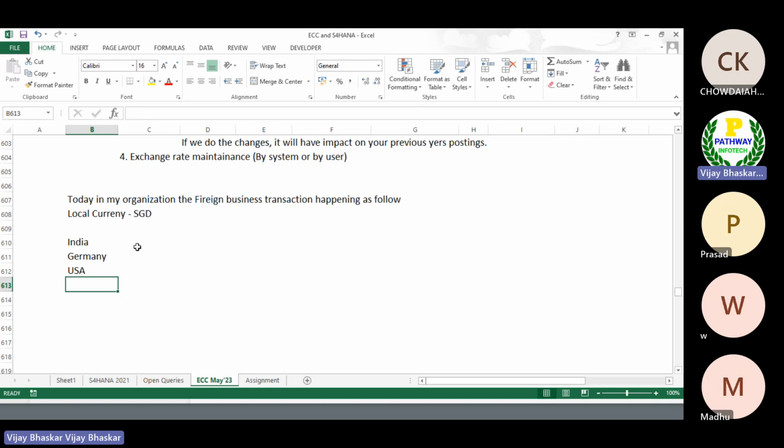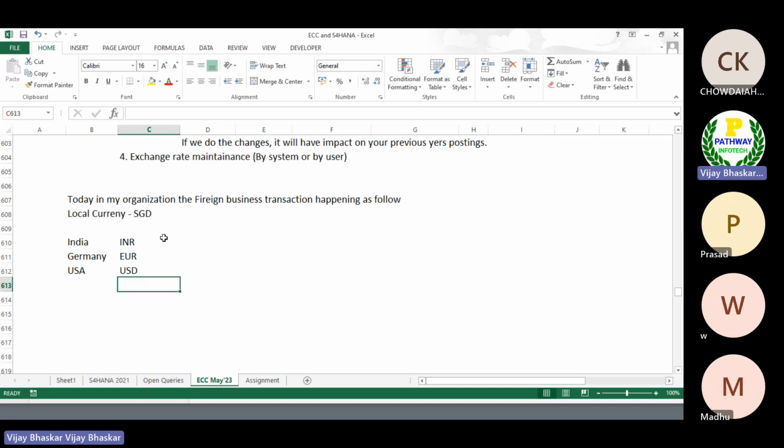In such a situation, the Indian local currency is Indian rupees, German local currency is EUR, then USA is US dollars. Then what will happen here? Every time we post a business transaction, that needs to be converted into their local currency.